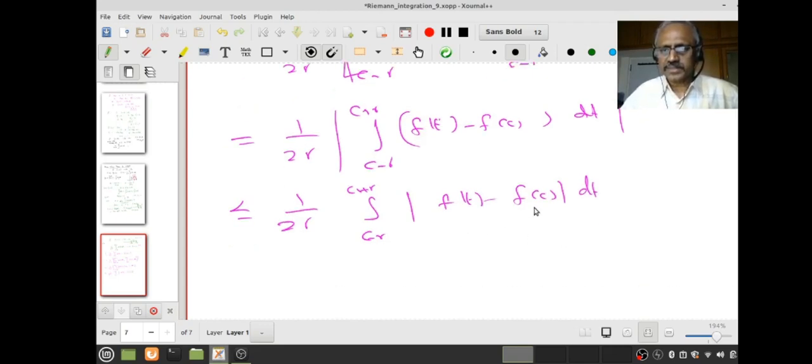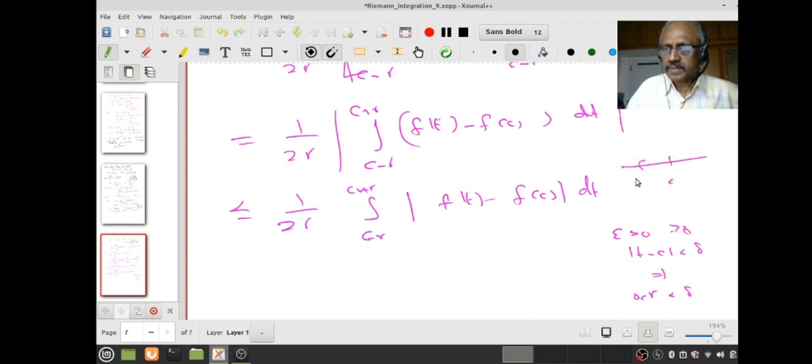Since f is continuous at c, given epsilon positive, there is a delta positive, so that mod t minus c less than delta should imply f(t) minus f(c) in modulus will be less than epsilon. Therefore, if I choose my r so that r is less than delta, what will I have?